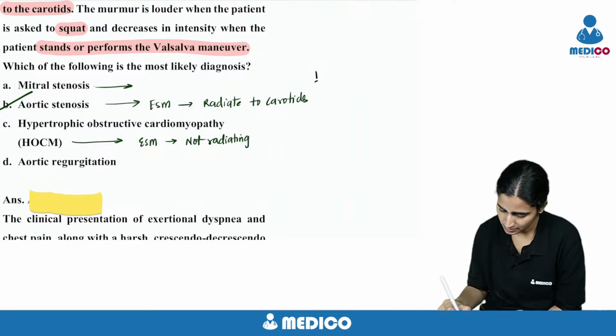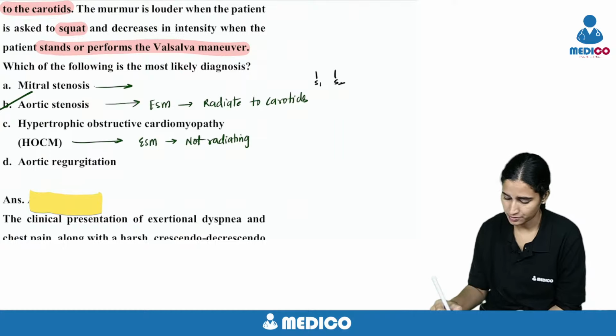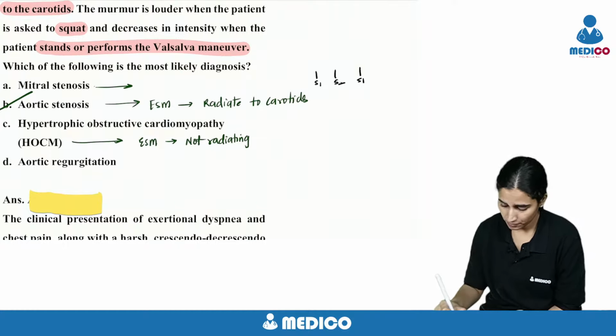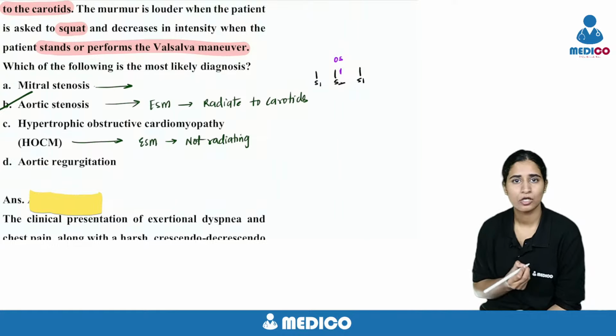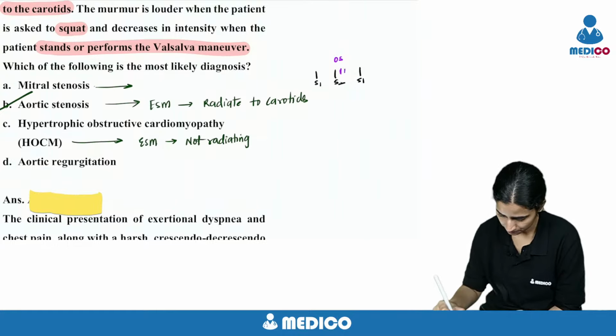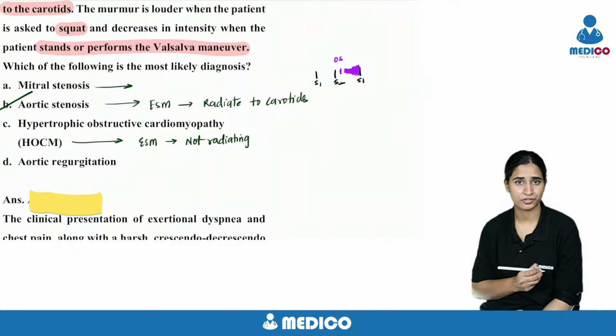So this is S1, this is S2. Mitral stenosis, first there is an opening snap followed by a murmur, and for that murmur, there is a presystolic accentuation. You should know the pictures also.